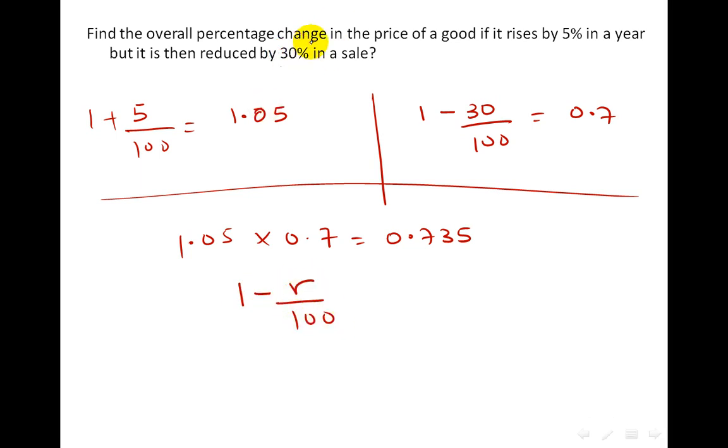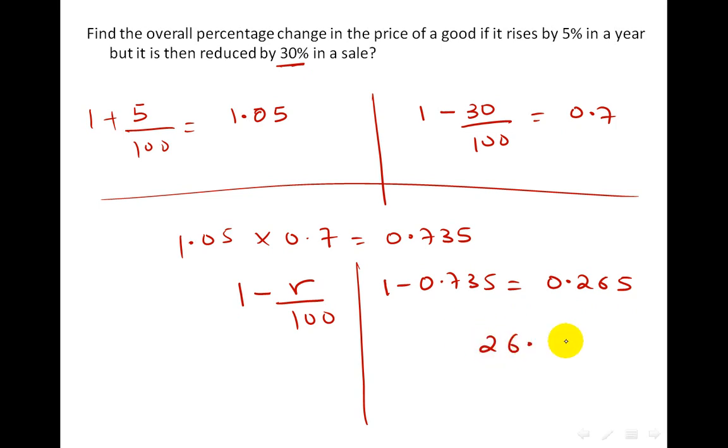The big factor that will have a big role is the reduction here, so it will be like 1 minus 0.735, which is 0.265. If you multiply this one by 100, you'll find 26.5%. So if a good is raised by 5%, then reduced by 30%, the overall change would be almost a reduction of 26.5%. And our answer is actually logical.